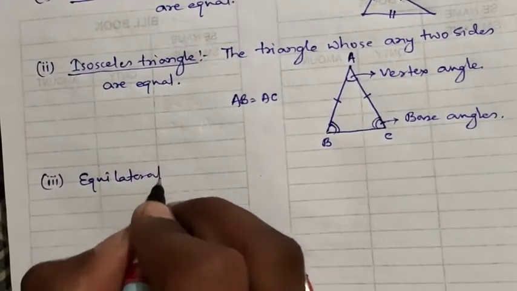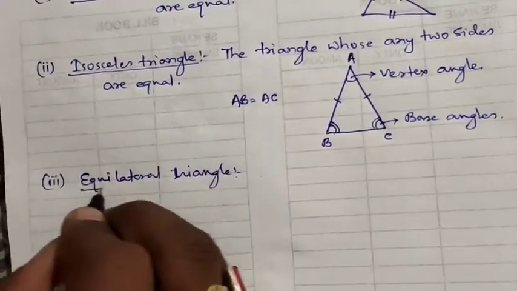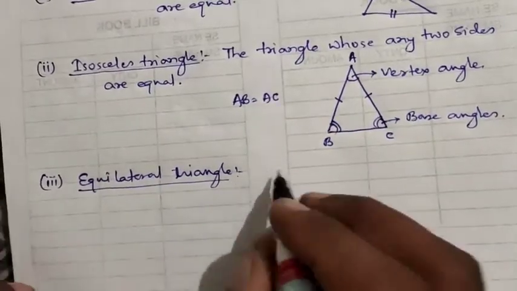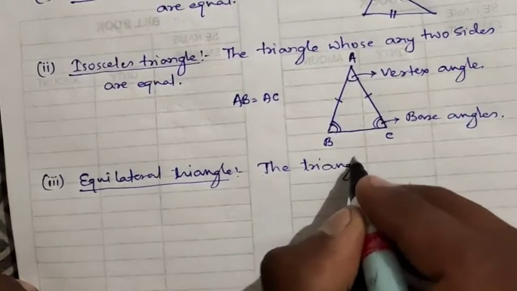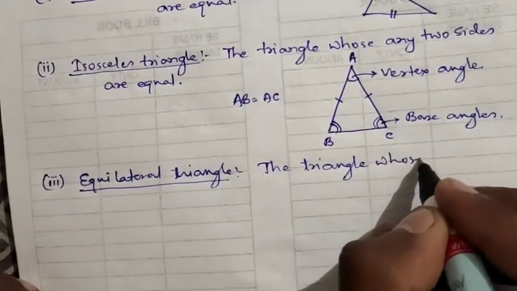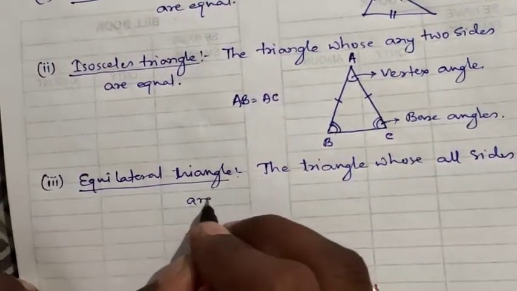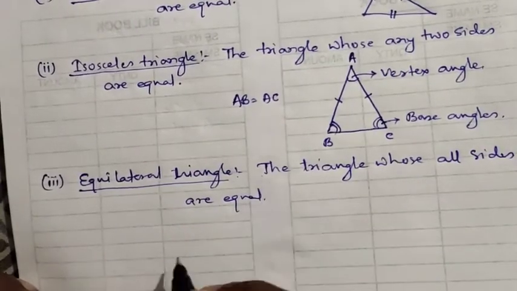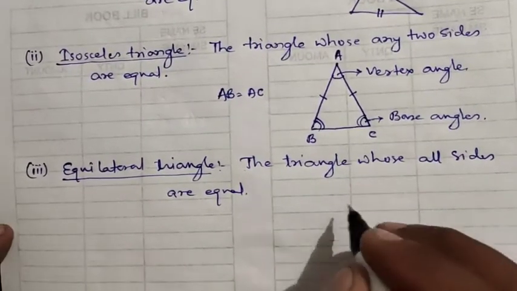The third type of triangle is the equilateral triangle. Equilateral triangle means the triangle whose all sides are equal. Those triangles whose all sides are equal are known as equilateral triangles.